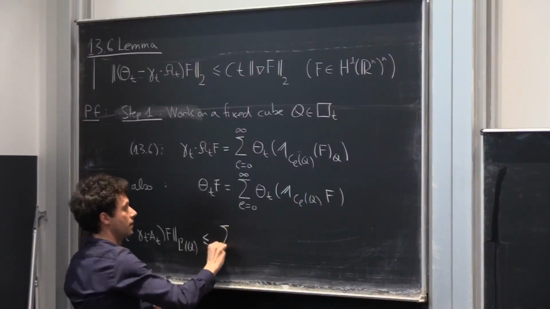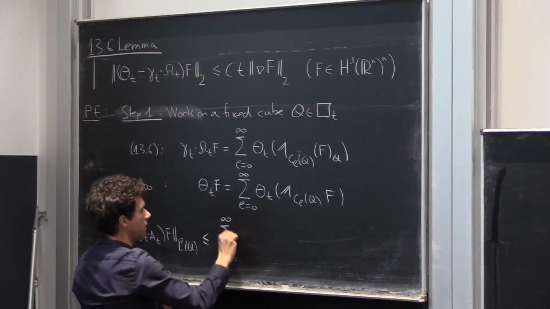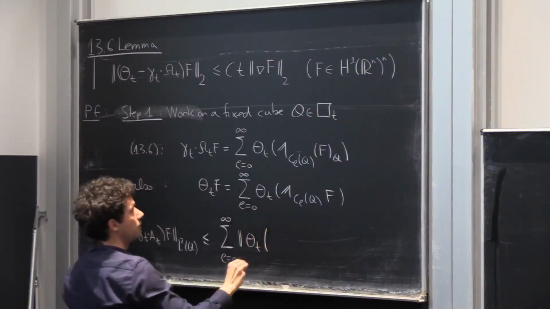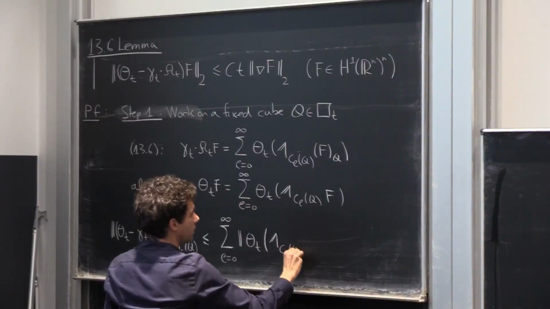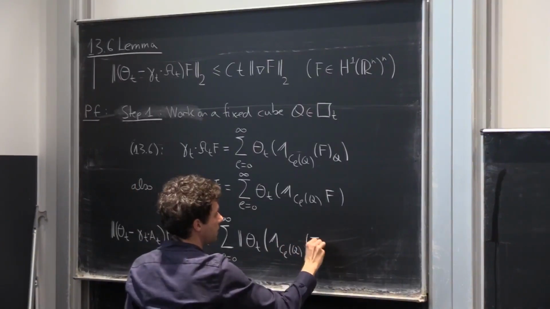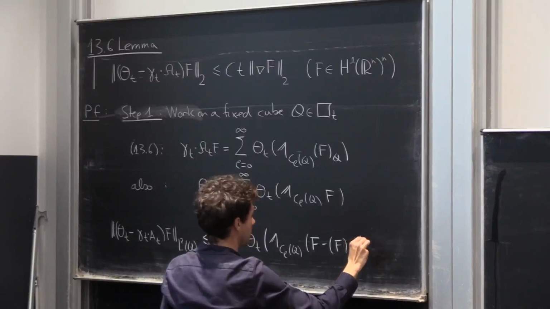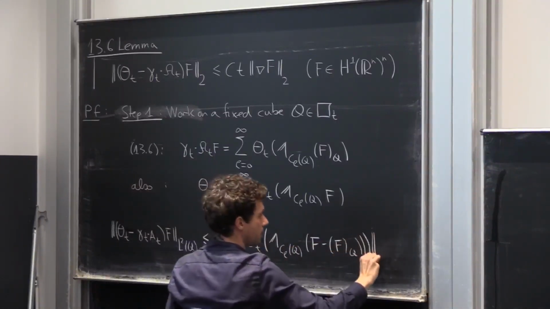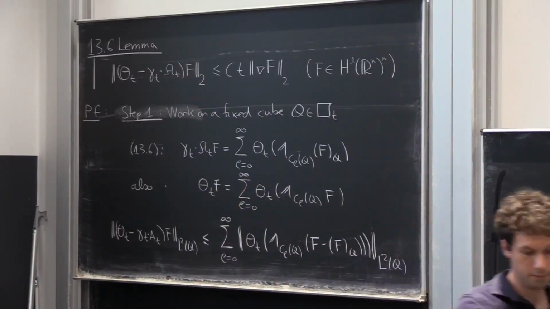So it gives me the sum from 0 to infinity of theta of t applied to the localized version of f minus its average, in L2 of Q. You agree?